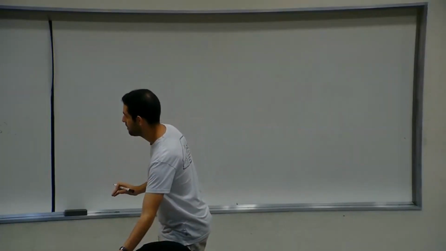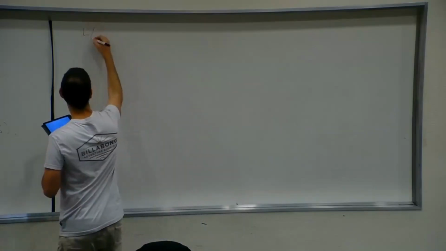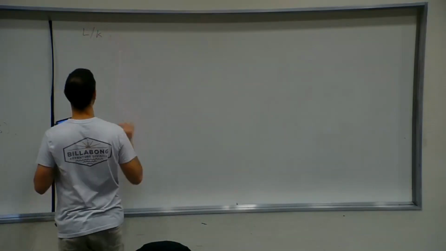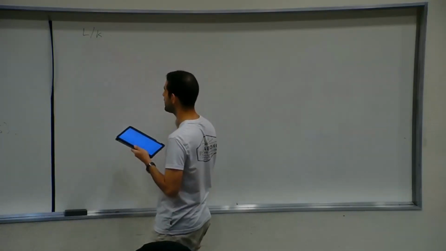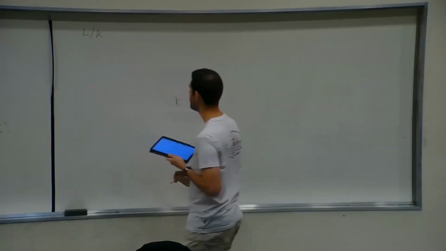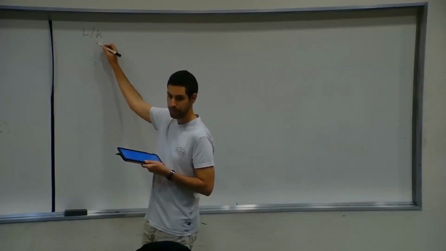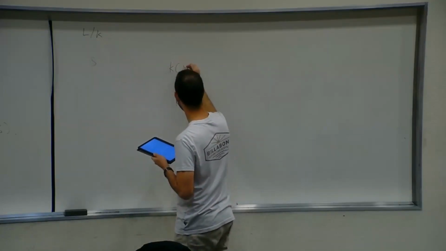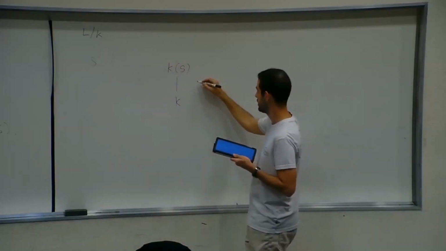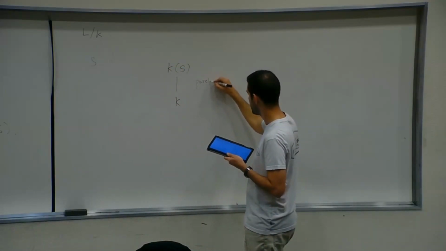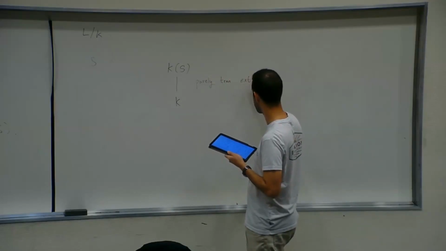So what is the bottom line? If L over K is any field extension, then we can start with K and find S, a transcendental basis of L over K. So K(S) is what is called a purely transcendental extension.